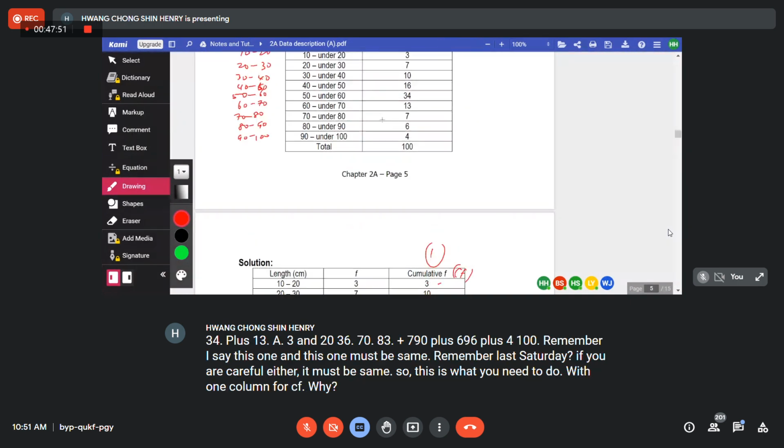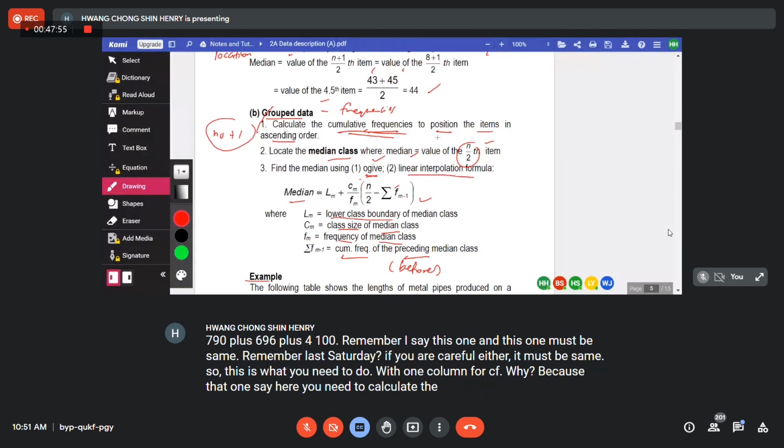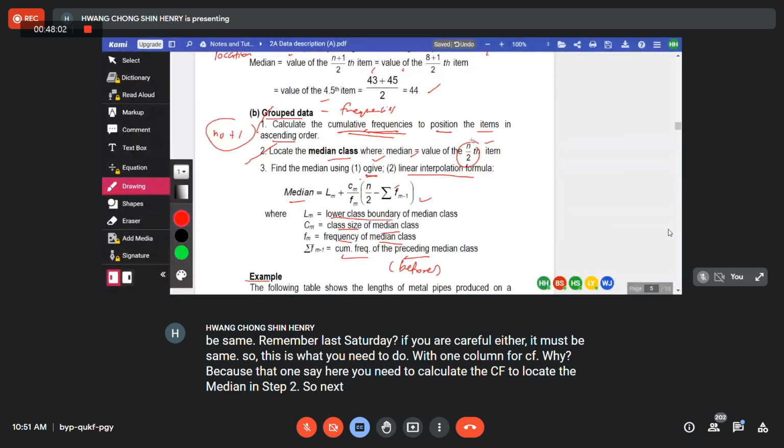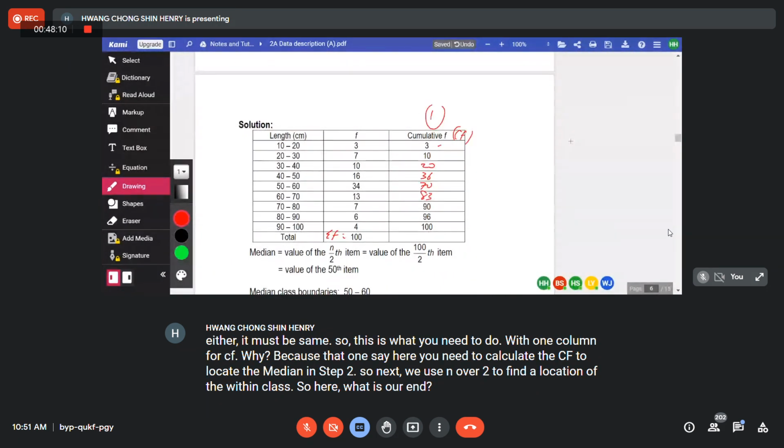Why? Because step 1 says you need to calculate the CF to locate the median in step 2. So next we use n/2 to find the location of the median class. So here, what is our n? N here, everyone, is the total of frequency.